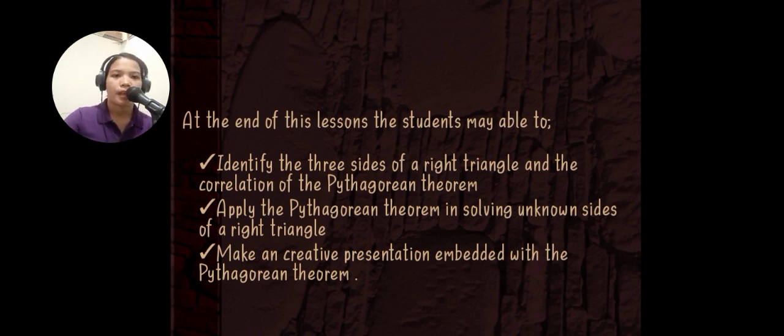Second, apply the Pythagorean theorem in solving unknown sides of a right triangle. And the third is to make a creative presentation embedded with the Pythagorean theorem. So those were our learning objectives.